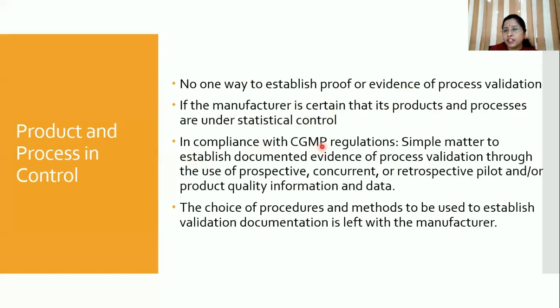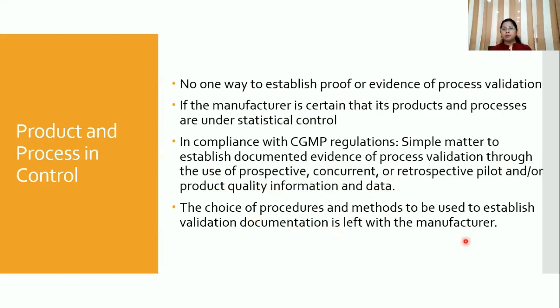In compliance with current GMP regulation, it should be a simple matter to establish documented evidence of process validation through use of prospective, concurrent or retrospective pilot or product quality information data. And the choice of procedure and method to be used to establish the validation documentation is left with the manufacturer.